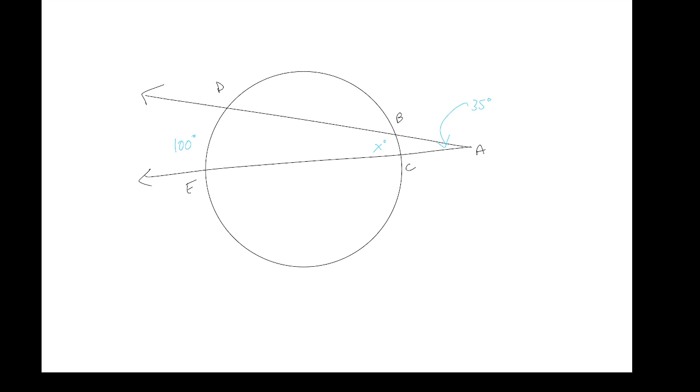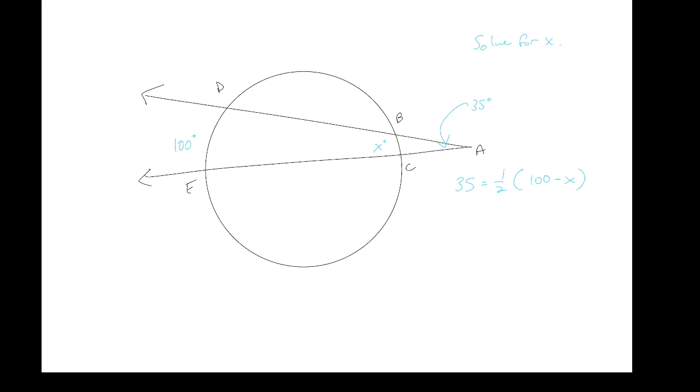We're going to solve for X. Remember, the measure of angle A is going to be equal to 1/2 of the outer arc DE minus the inner arc BC. So in other words, angle A, which is 35, is equal to 1/2 of that outer arc 100 minus the inner arc BC, which is X. And we solve.